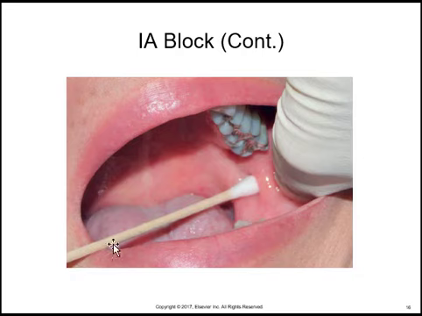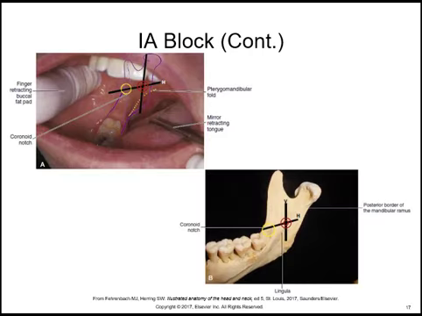So that's a good way of knowing that you're in the right spot too. Your finger on the coronoid notch, the needle is bisecting your thumbnail, and the barrel of the syringe is over the premolars. All right, so to explain this a little further, the correct injection site for the IA is the intersection of two imaginary lines, which is at the depth of the pterygomandibular space.